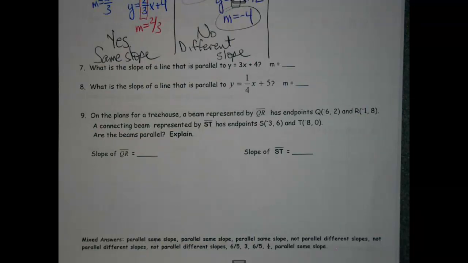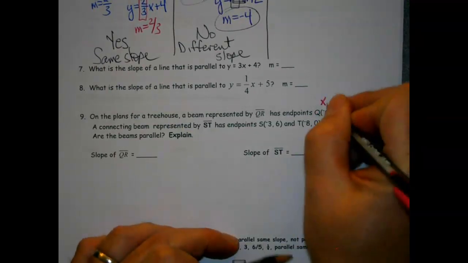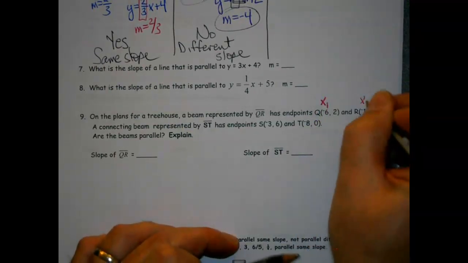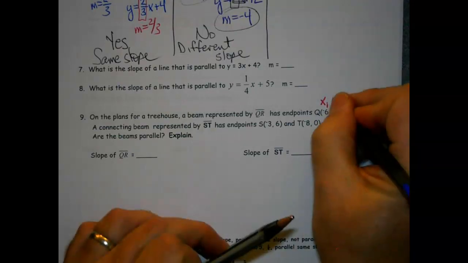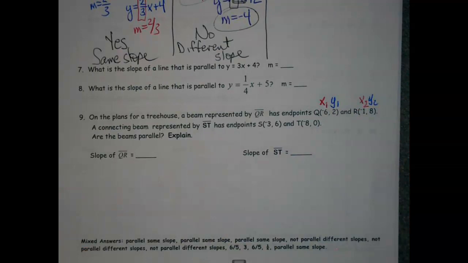So I got my 2 points for QR. So I'm going to label them with my x1 and my x2, my y1 and my y2, just like we've been doing all along.